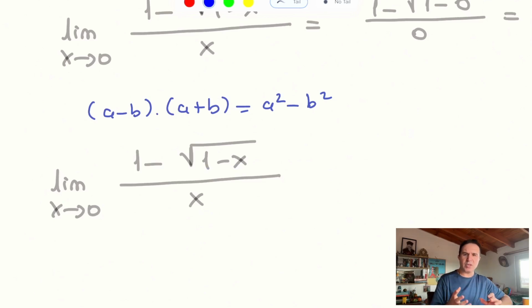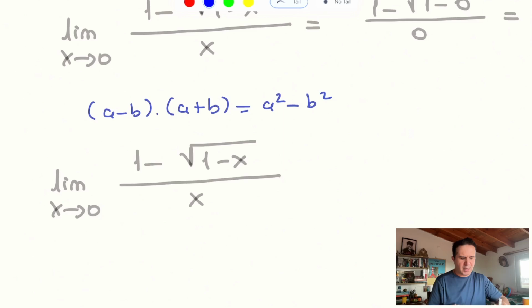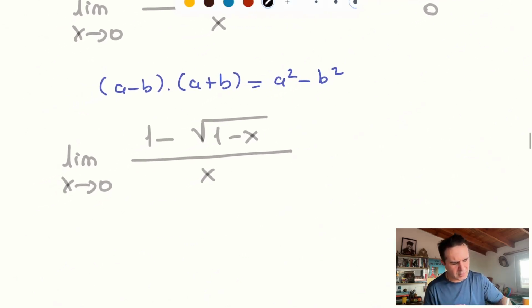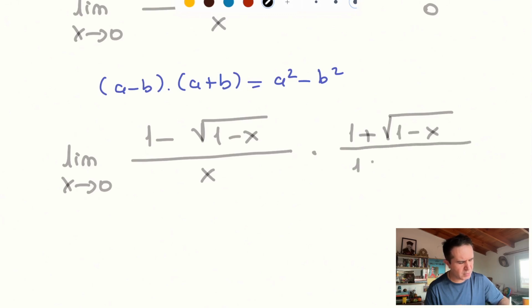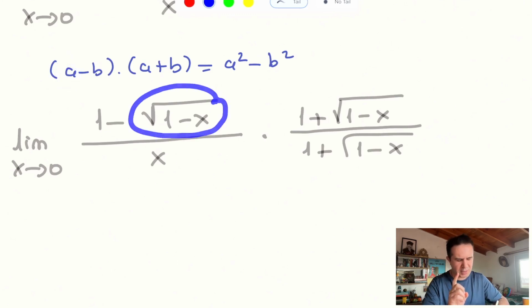When we have a square root in the numerator, we should multiply the numerator by its conjugate and also divide by its conjugate. And this will usually remove the indeterminate form. I will multiply this expression by (1 plus the square root of 1 minus x) divided by (1 plus the square root of 1 minus x). Here we have 1 for a and we have the square root of 1 minus x for b.